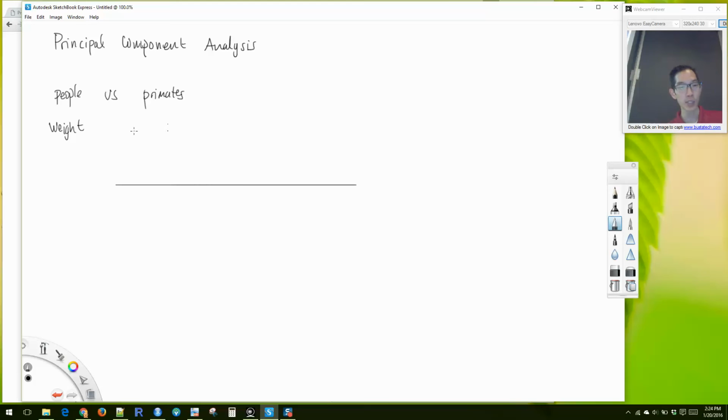So you might get a distribution in the data that looks like this, which would be a mixture of people and primates mixed together, if we pooled all of their weight values.